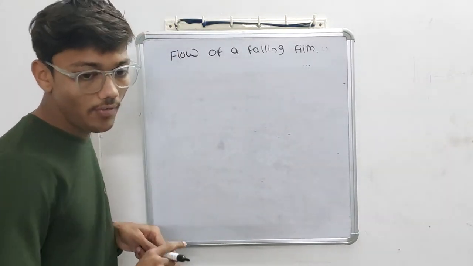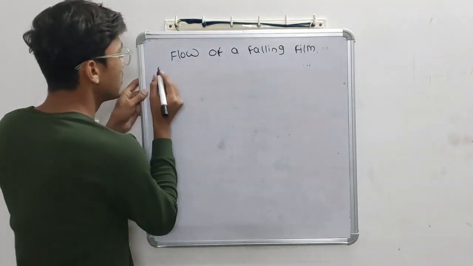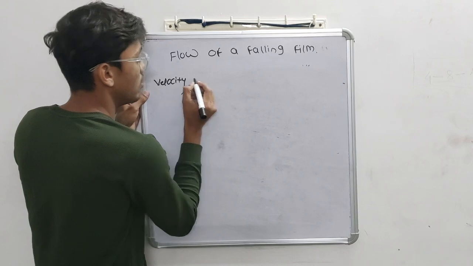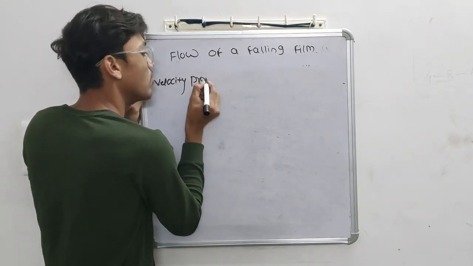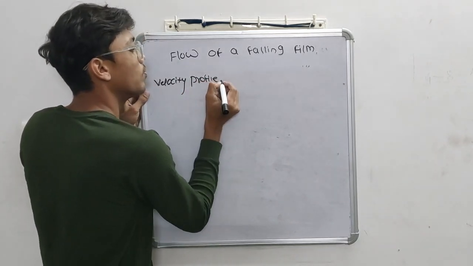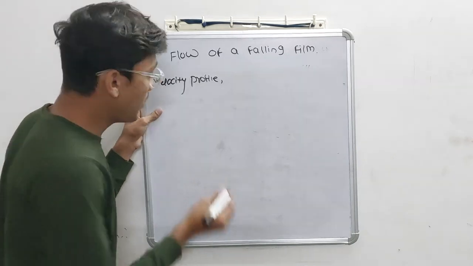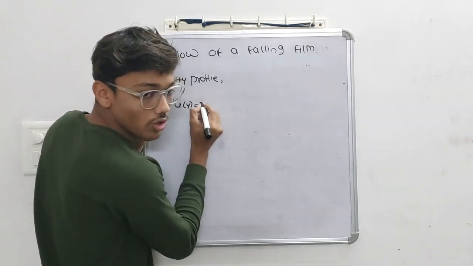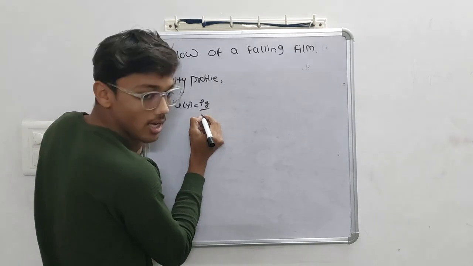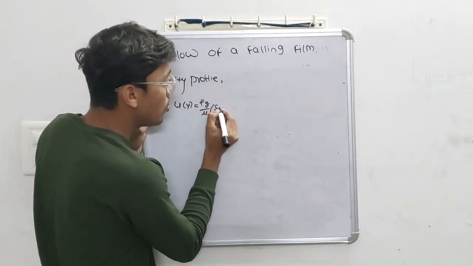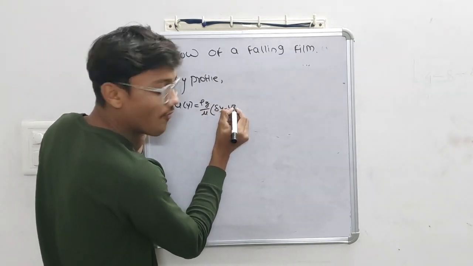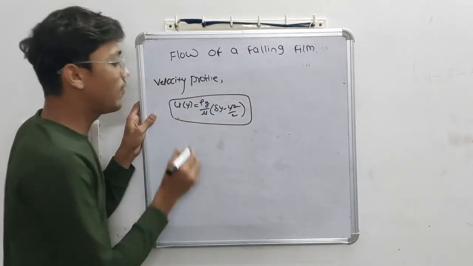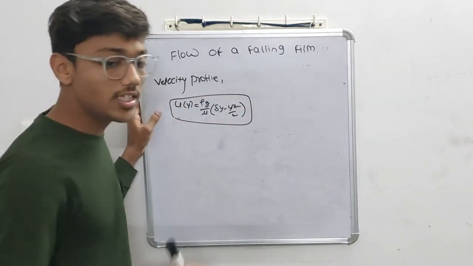Our velocity profile is u(y) equals rho g by mu times delta y minus y squared by 2. This is a very important equation for us for further solving.